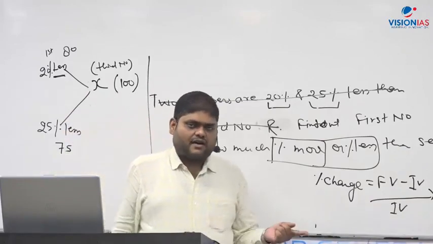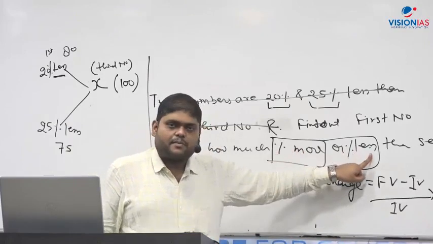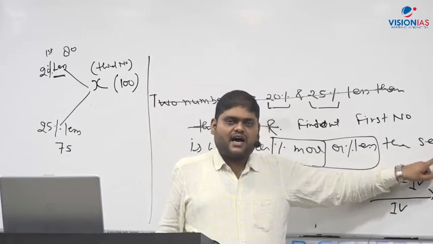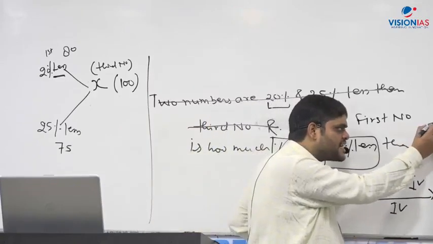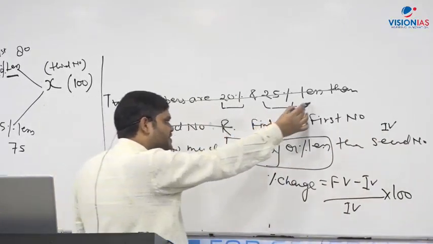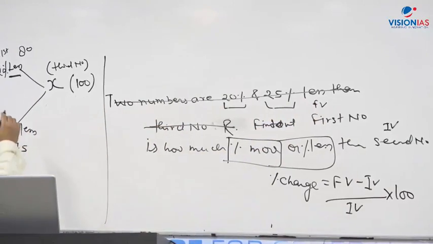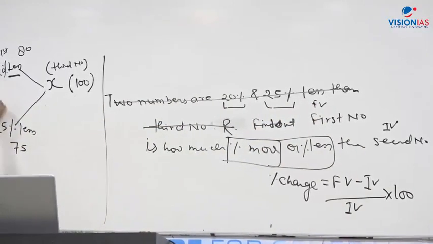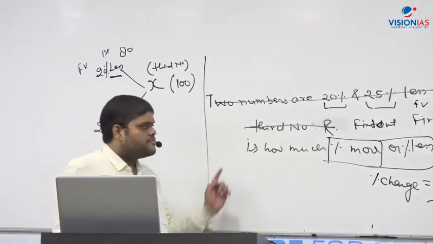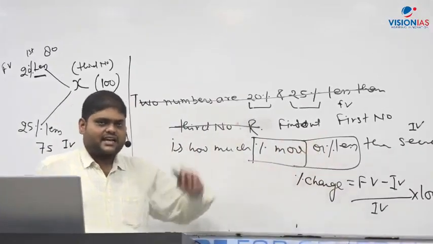So yesterday we discussed like this: percent of more and percent of less comes along with the second number. That means the second number is the initial value and the first number is the final value. First number is how much percent more or percent less than second number.